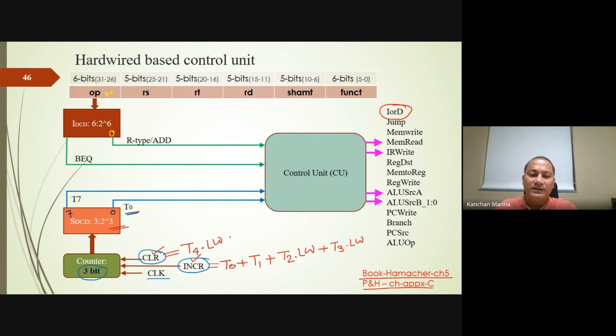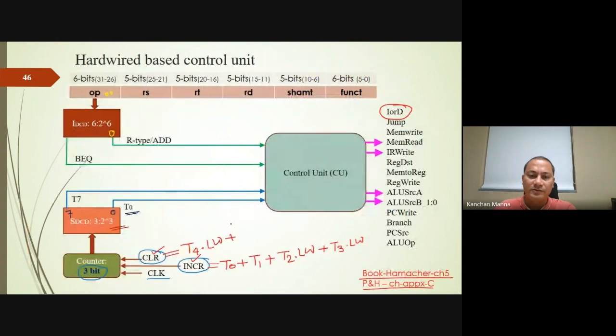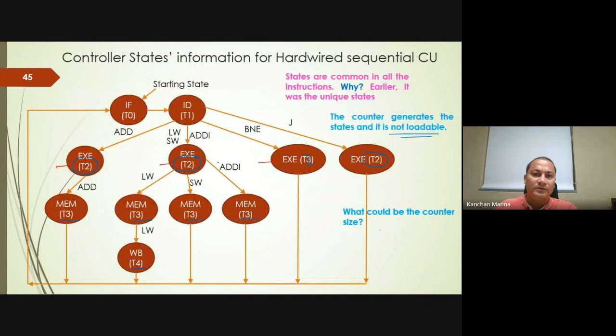Similarly, let's say if we consider SW, you can see here we have to write T3 of SW, right? T3 and SW. Similarly for increment, it would be T0, T1, and then for SW, T0, T1. Now T2, and whose T2?